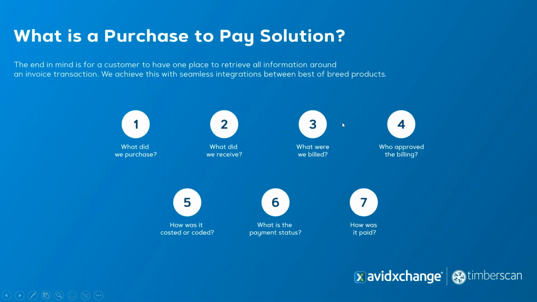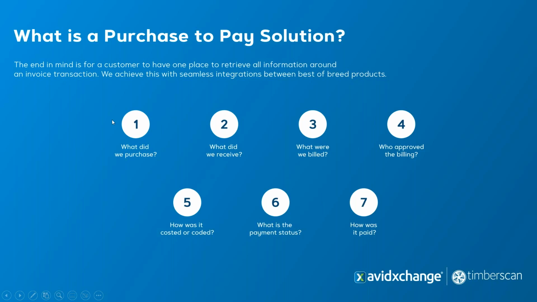When we think about Titanium, we look at it from the perspective of what we call a purchase to pay solution. The end in mind is for you to have one place to retrieve all of your information around an invoice. We do that through the integration with Sage 100 Contractor in these 7 steps that you're seeing here.